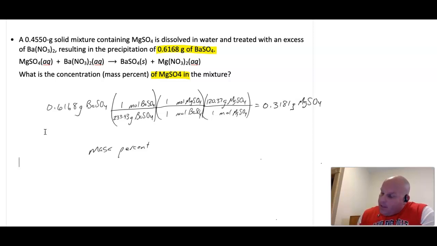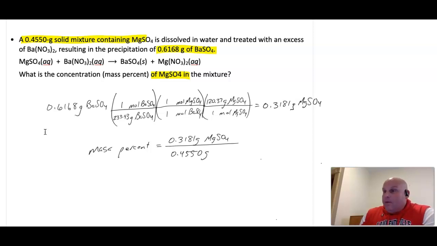So that would be grams of MgSO4 over the total mass of the solid mixture containing MgSO4, which was this value right here, and that is 0.4550 grams. Again, times 100 to make it a percentage, and we get 69.91% as the mass percent of MgSO4 in our solid mixture.